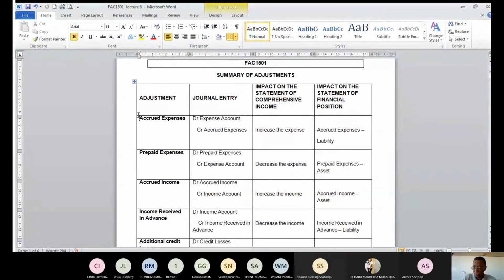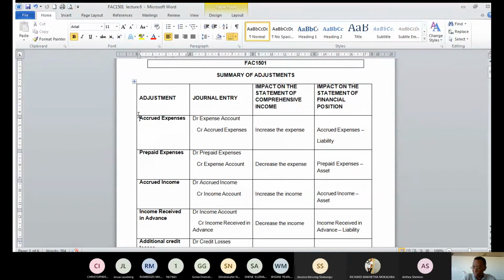That is part of the current year's financial statements. It's an expense for the current financial year. Even though you are only going to pay it in the new financial year, it's part of this year's expenses, which we did not pay, and that will fall under the category of accrued expenses.